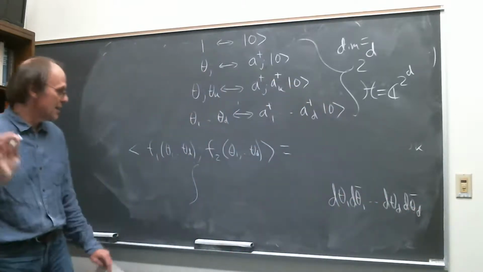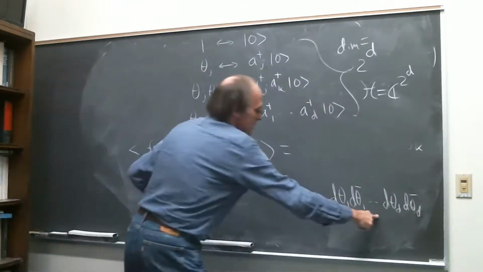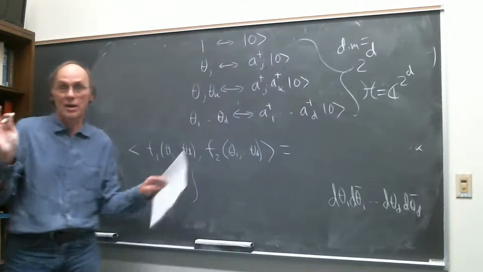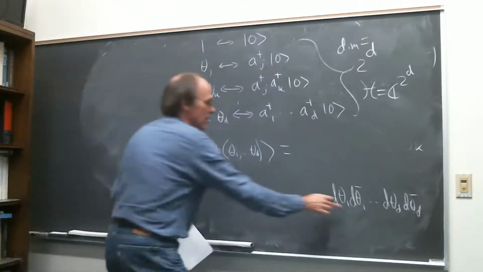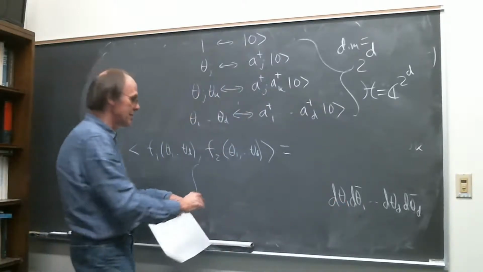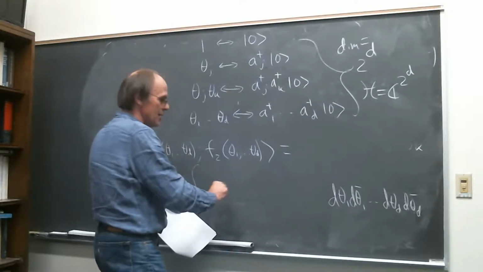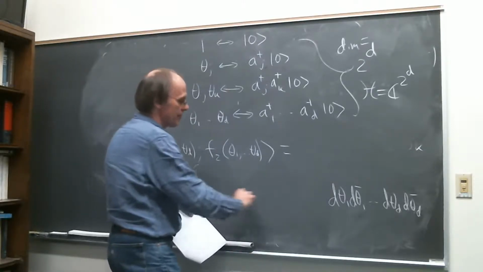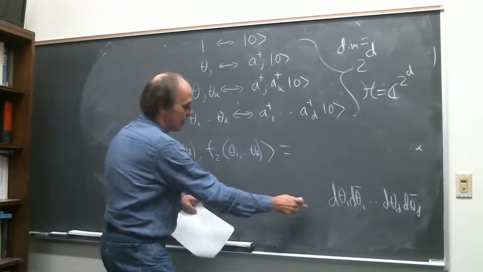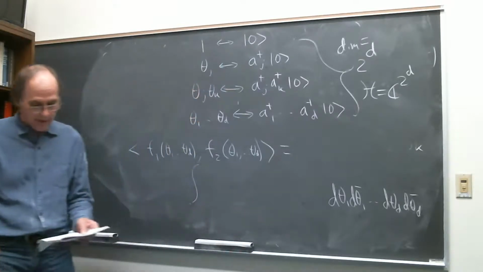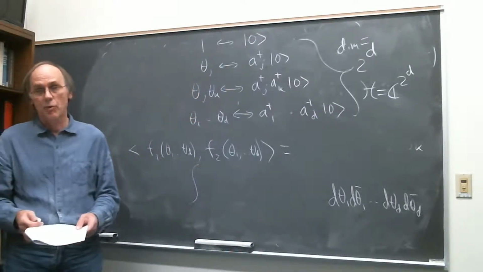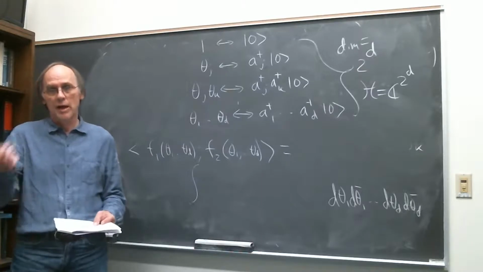The only trickiness here is that this integration is the fermionic integration. What this symbol means, it's not an integral. It means pick out the coefficient of the top dimensional thing inside here, and the thing that you put inside there is exactly what you had in the bosonic case.